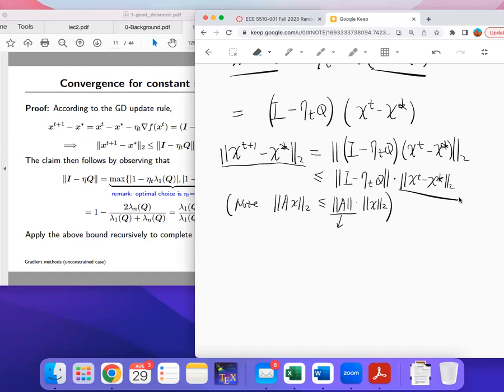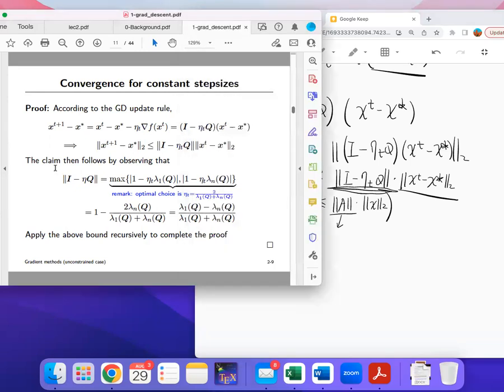We just need to understand this coefficient, the spectral norm of this linear transformation. This is a fundamental quantity depending only on the algorithm step size and the problem matrix Q. So the rest of the work is to analyze this quantity.